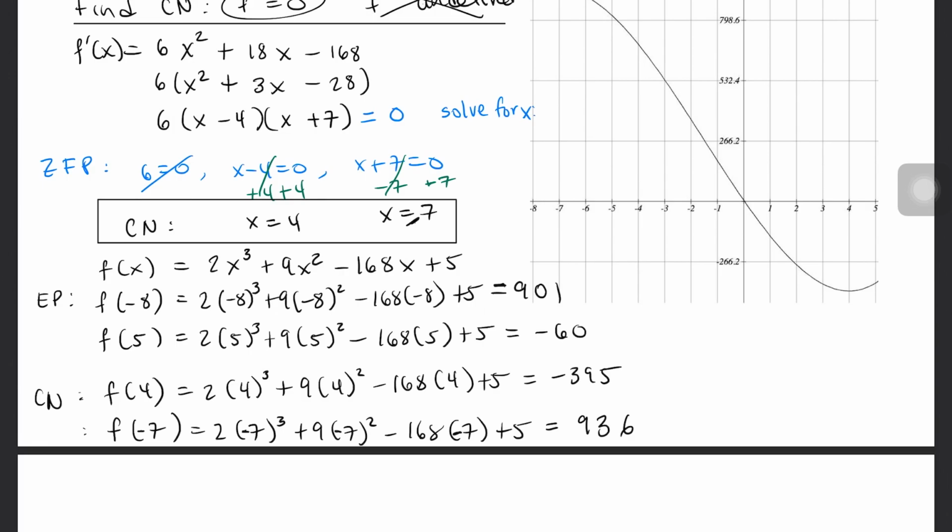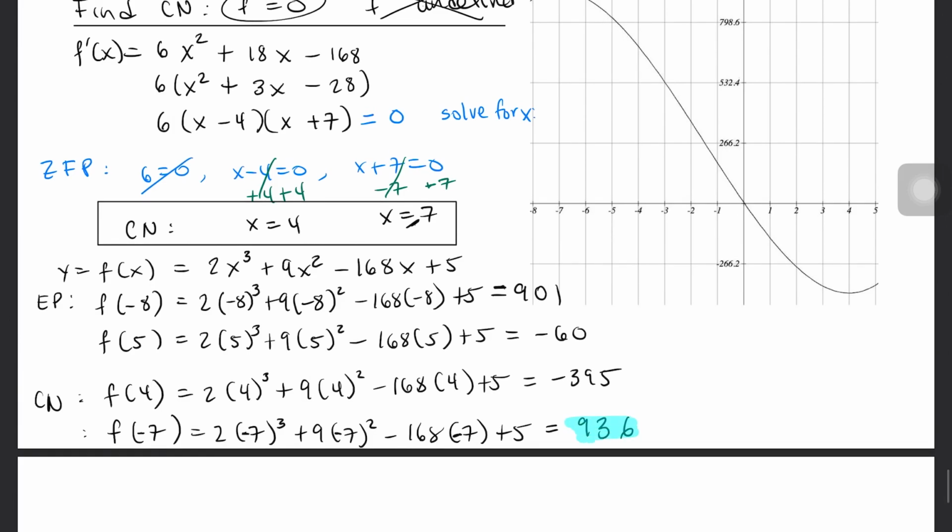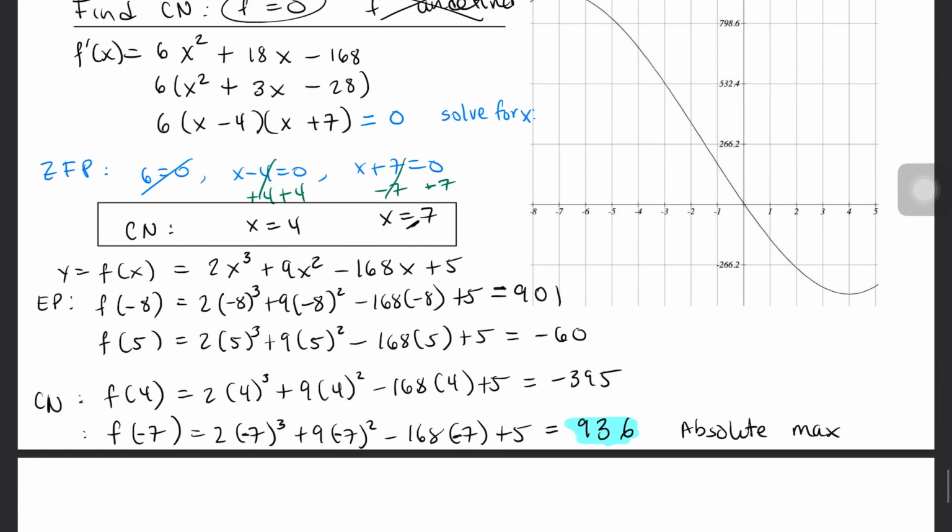Comparing these numbers, remember that we plugged these into the original function, so these are the y values. The highest one you can see is this one here. This is the highest value, so this is the absolute max. And the lowest value is going to be negative 395. This is the absolute min.